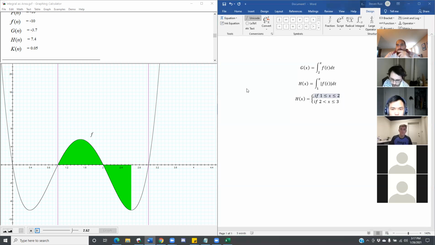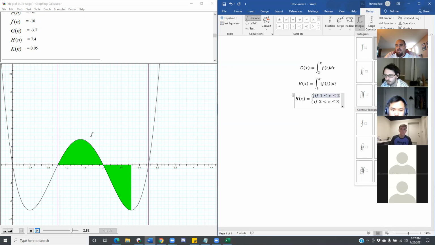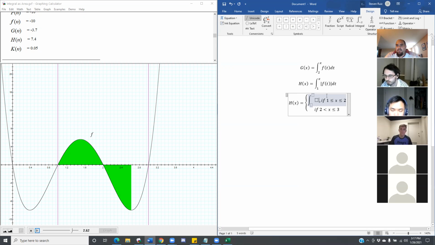Would that just be the g of x equation? It would be similar to g of x, but we're going to have to make a couple of small changes. Starting from 1 and ending where? At 2. Going to x.